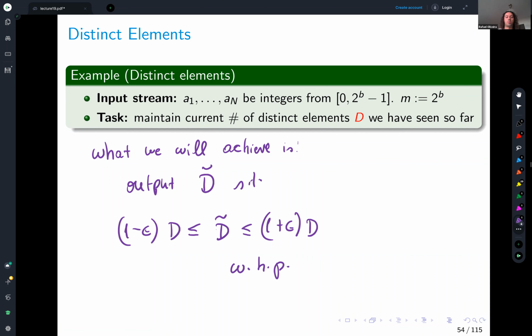We'll have this parameter epsilon as well, which is our approximation parameter, and that we can set ourselves.